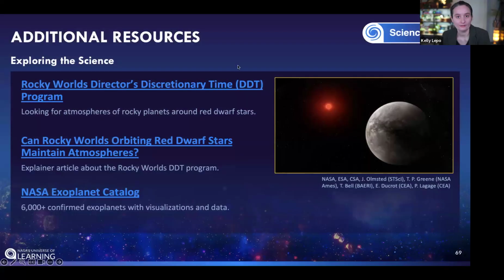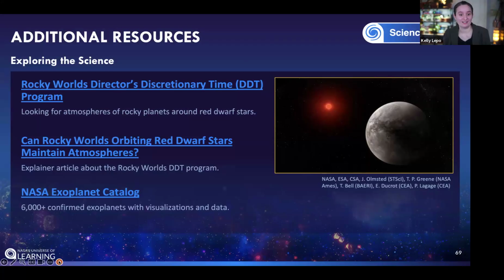So we have a whole bunch of resources for you. I'm highlighting some here in the slides. On our website, we also have a full document with a whole list of resources that you can use with your audiences to talk about exploring these rocky planets around these small stars with the James Webb Space Telescope.